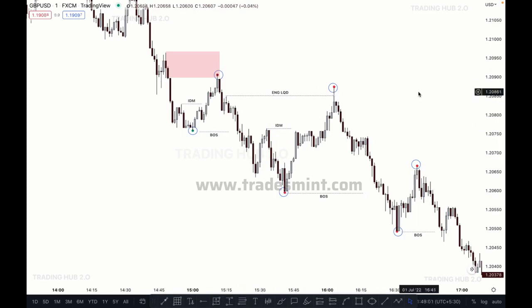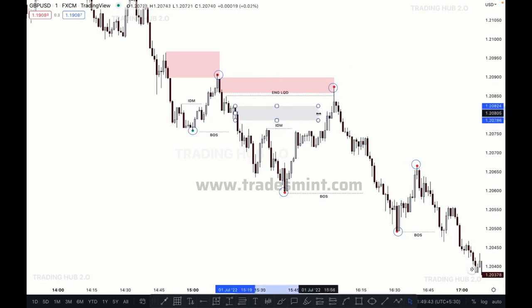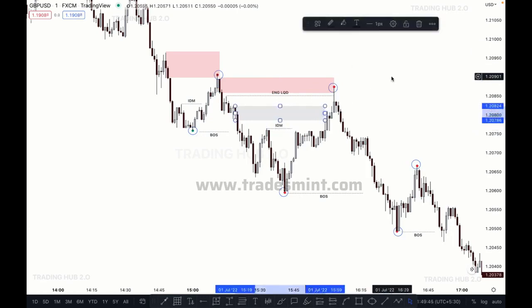Remember one thing: inducement is a 50-50% probability setup, and engineering liquidity is a high probability setup, because once the market breaks this high, which is actually here, it means momentum has shifted from bearish to bullish. And if you take a trade based on the inducement, it is a 50-50% chance of the probability going in your direction and maybe against you.